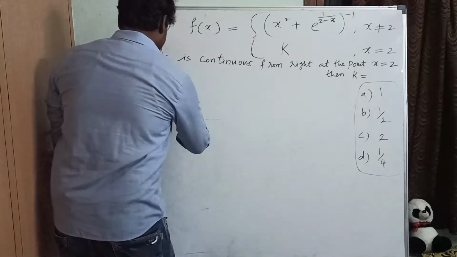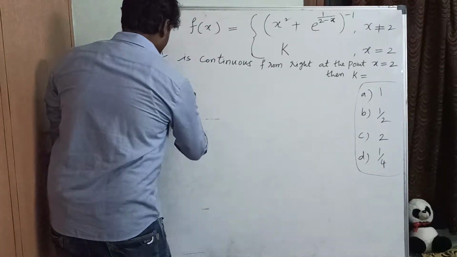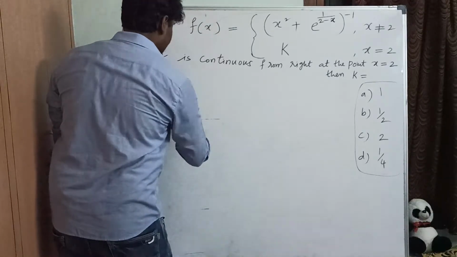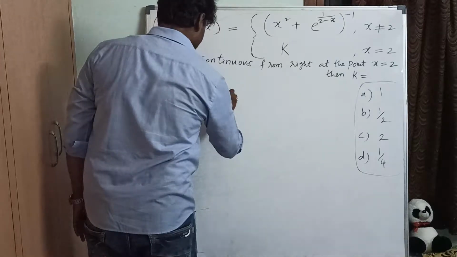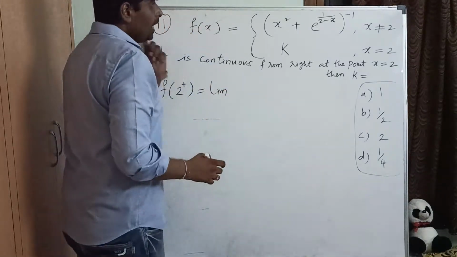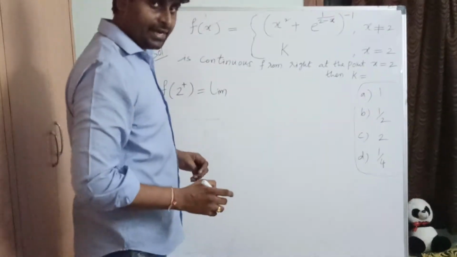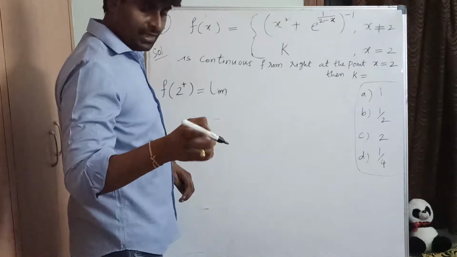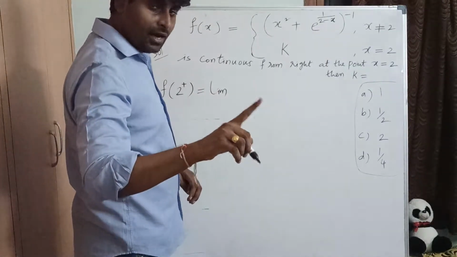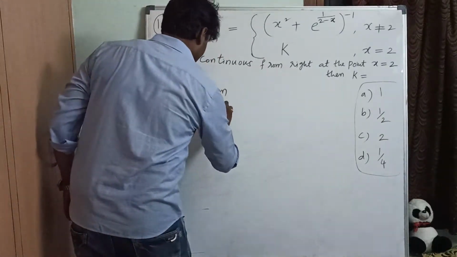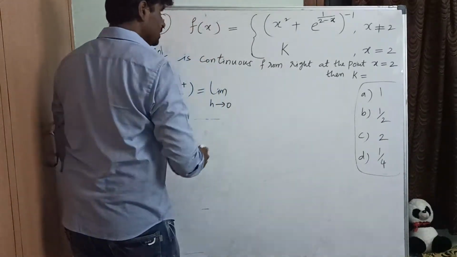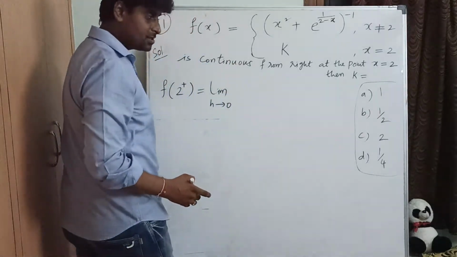Correct? So now what can I write? F of 2 plus, I can write simply. So RHL means 2 plus h, I can substitute 2 plus h. LHL means 2 minus h. Now whenever it is in terms of h, the limit will be h tends to 0.